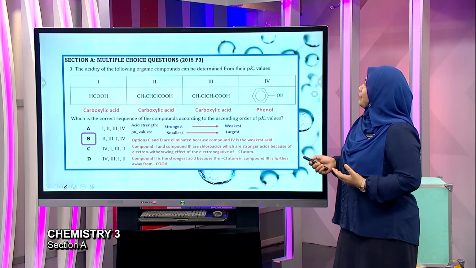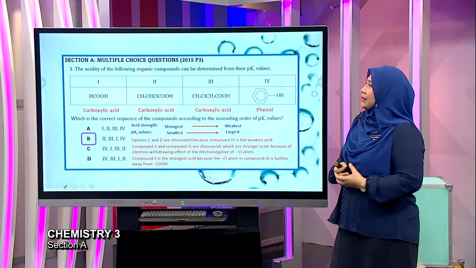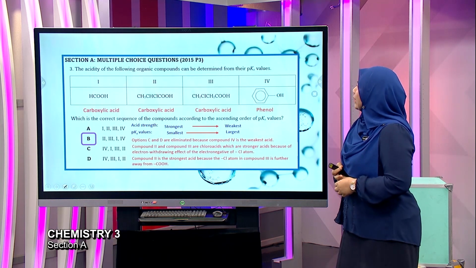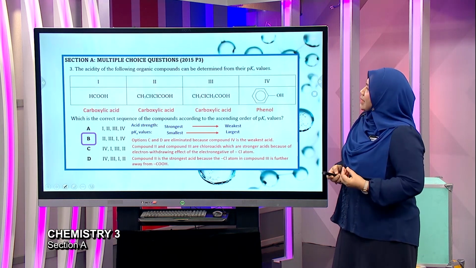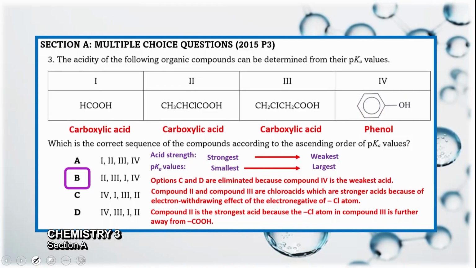Okay. Next, we move on to the other objective question. Ini daripada 2015 juga. The acidity of the following organic compounds can be determined from their pKa values. Which is the correct sequence of the compounds according to the ascending order of pKa values? So kat sini, nak jawab soalan ni, you have to know for compound 1, that is a carboxylic acid with 1 carbon.